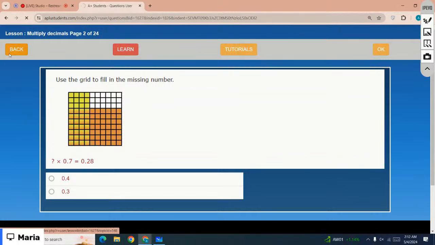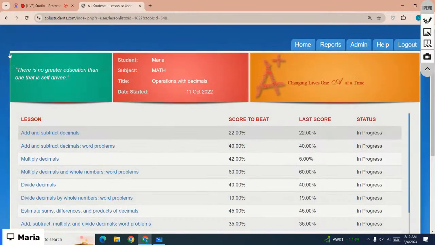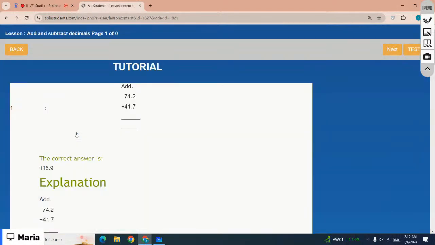Hold on, let me see. Earlier we were doing add and subtract decimals. What's wrong with the lessons? Oh, earlier I covered multiply decimals. Now let's start with add and subtract decimals. Sorry.